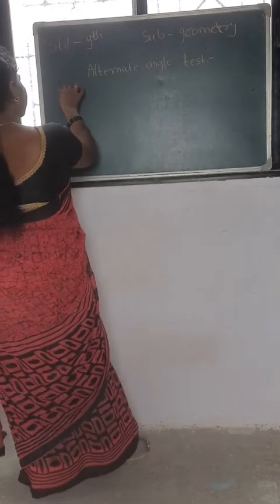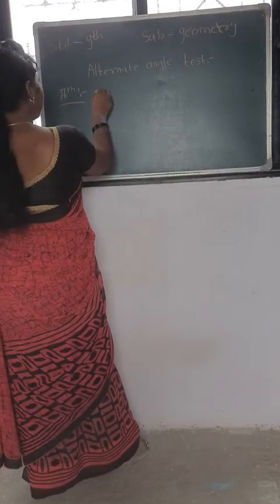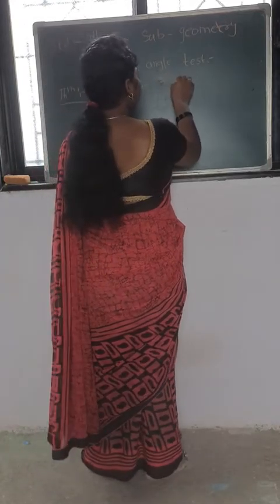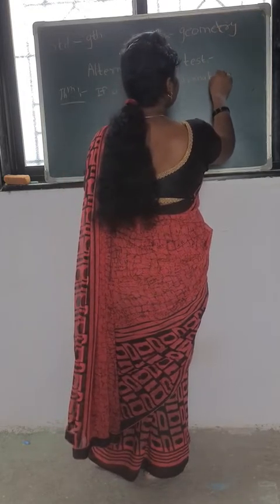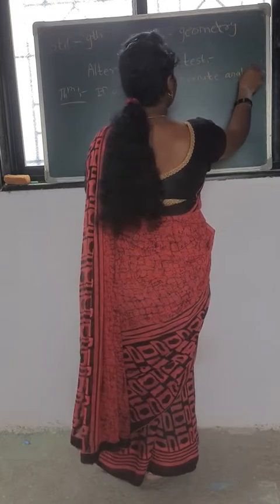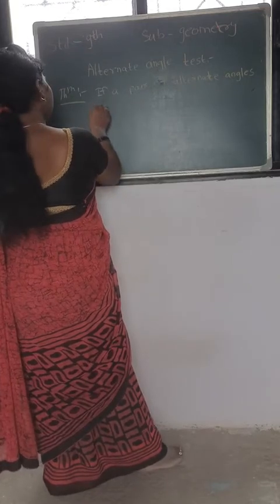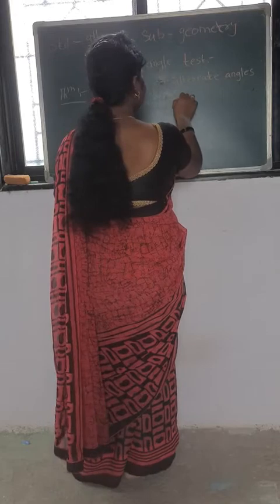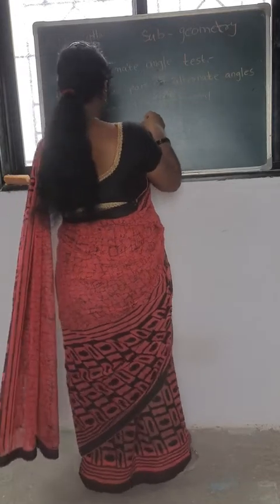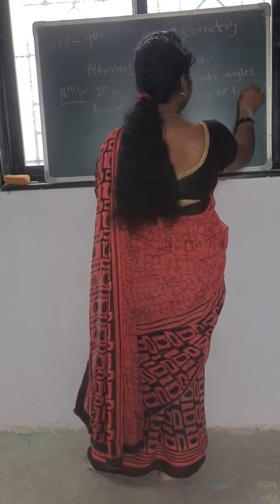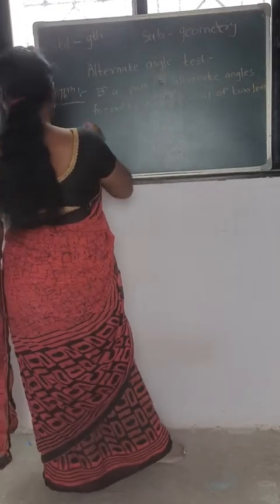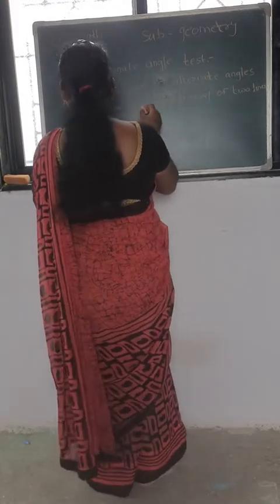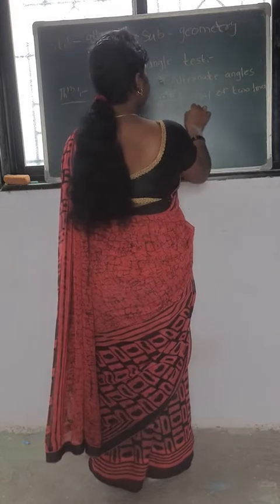The statement of the theorem is, if a pair of alternate angles formed by a transversal of two lines is congruent, then two lines are parallel.